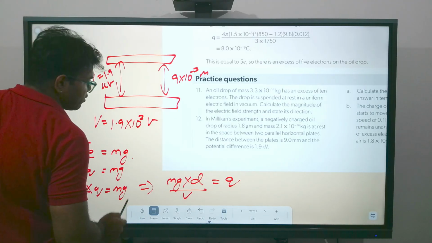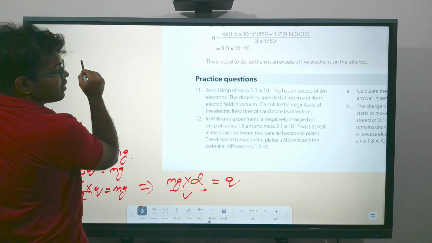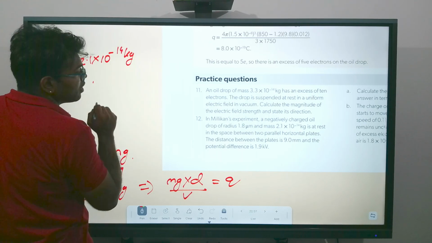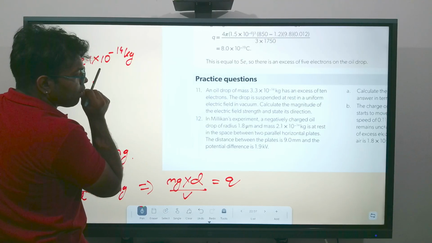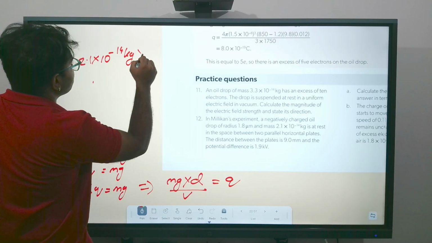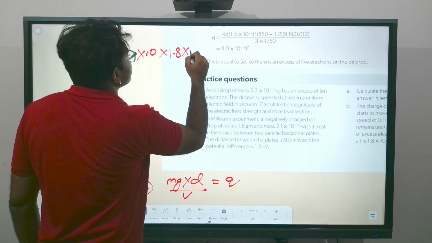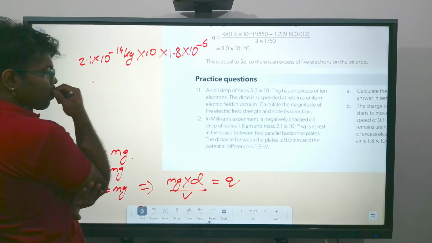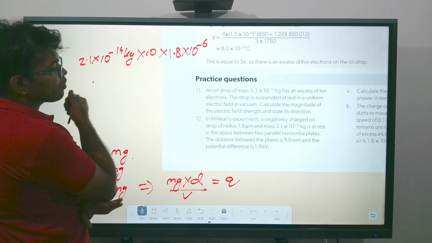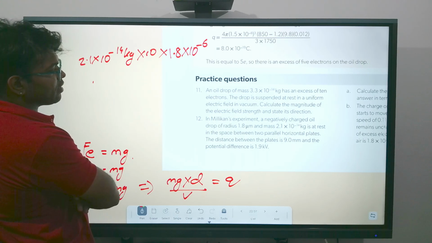Yeah, so let's actually try to solve this. So you have mg, that is 2.1 into 10 to the power minus 14 kg multiplied by g, that is 10, multiplied by distance. Why did they give us the radius?